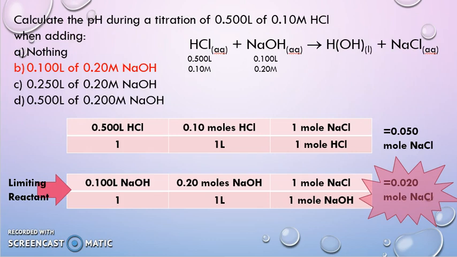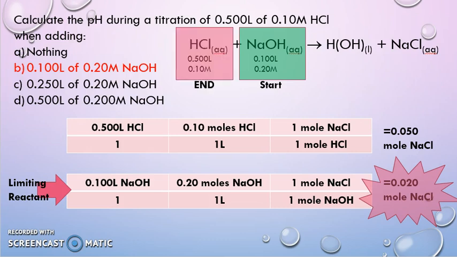So I would anticipate that at this point, my pH would be under 7. We just need to calculate how under 7 it is. So for my future stoichiometry problem, I know that everything has to start from my NaOH. And if this is an excess reactant problem, I'm going to end up calculating to my HCl.